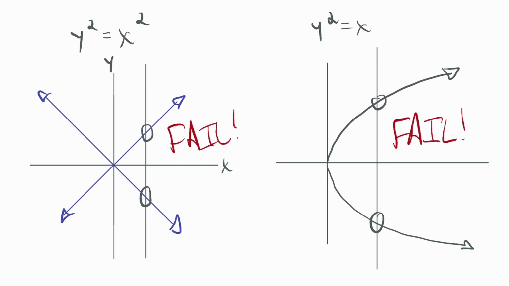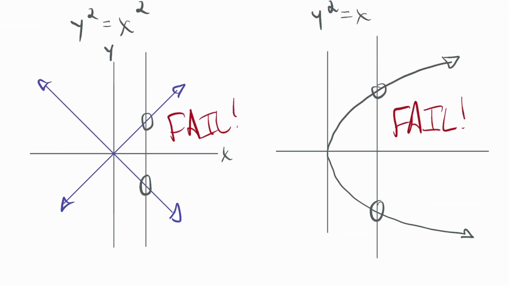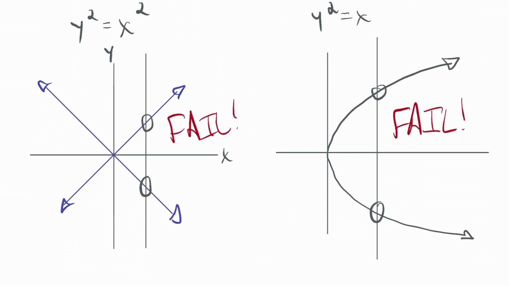We want to stick to functions whenever we can. Now you can do calculus on equations that are not functions. These are called relations. So an equation that does not represent a function is called a relation.